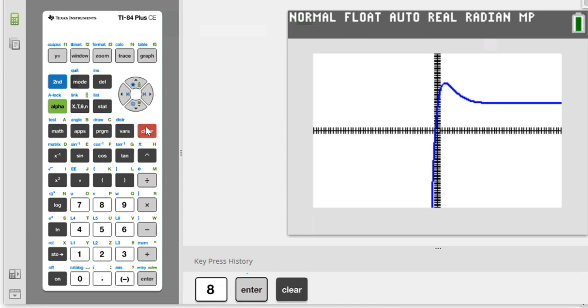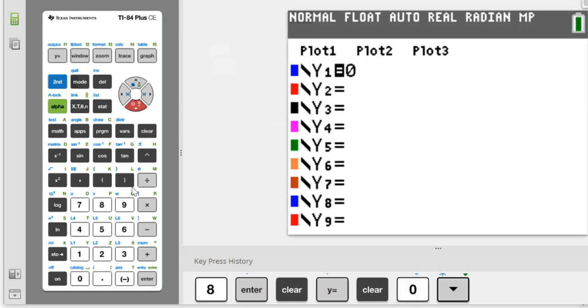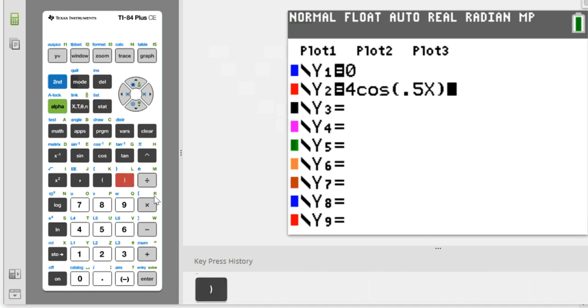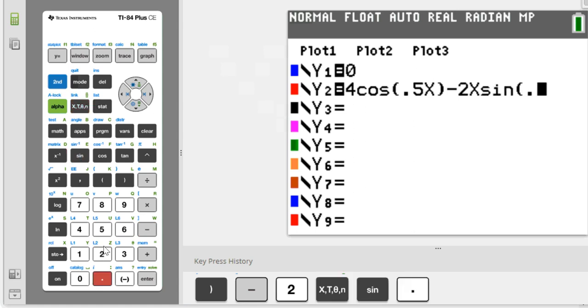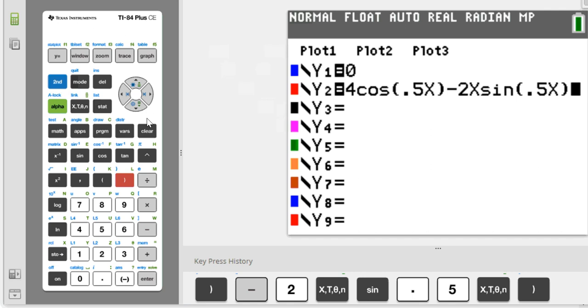So back to here. Because we're trying to find where it intersects with 0.